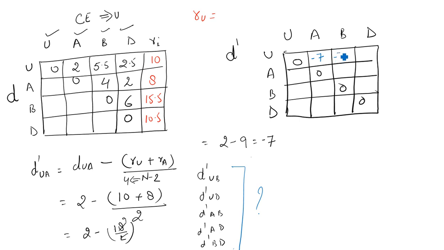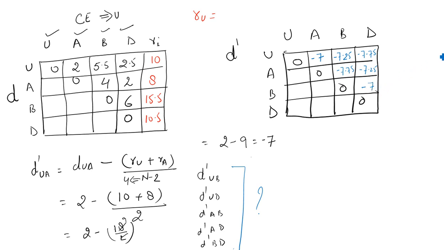So it will become minus 7.25, minus 7.75, minus 7.75, minus 7.25 and minus 7.